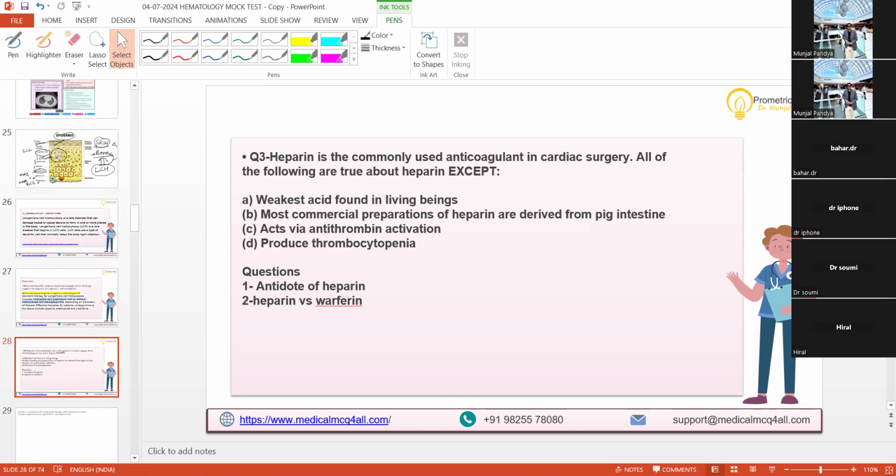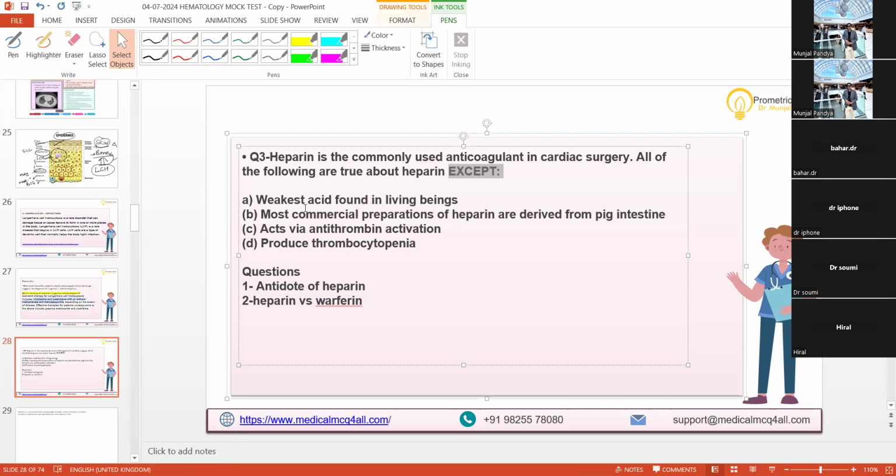So the third question is in front of your screen. If you are not asking, I take it for granted that you understood everything well. If you have any queries, please stop me and we'll discuss. Heparin is the commonly used anticoagulant in cardiac surgery. All of the following are true about heparin except. Except means it is not there, so everything is true and one is not true.